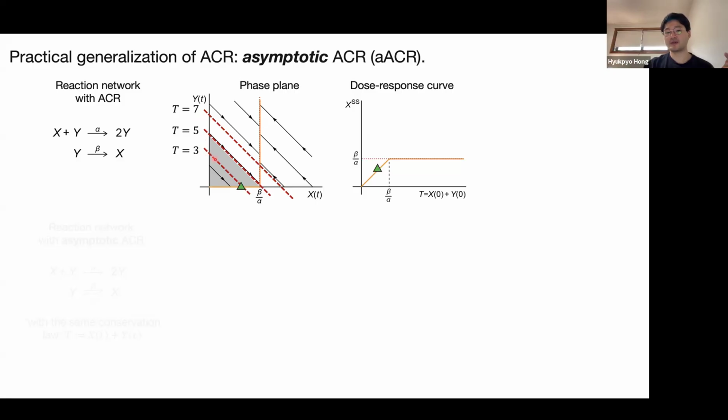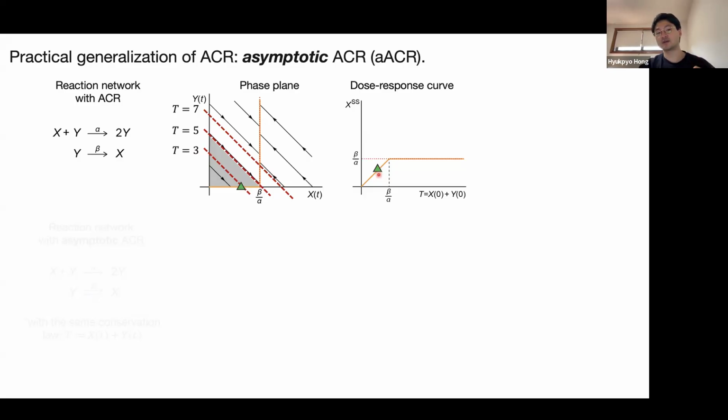Whenever we start on the initial points on this conserved quantity 3 line, then on this compatibility class, the steady state will be this green triangle. So our conserved quantity level is 3, and the steady state level is exactly 3, the same. So this is the point that we can get.